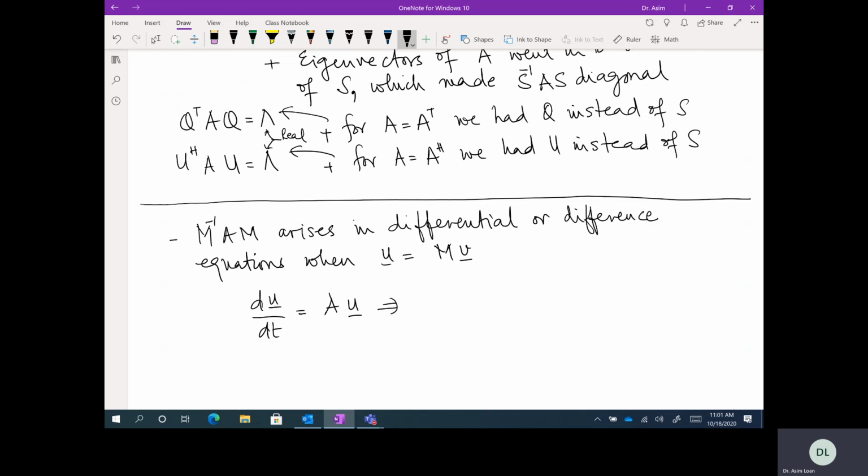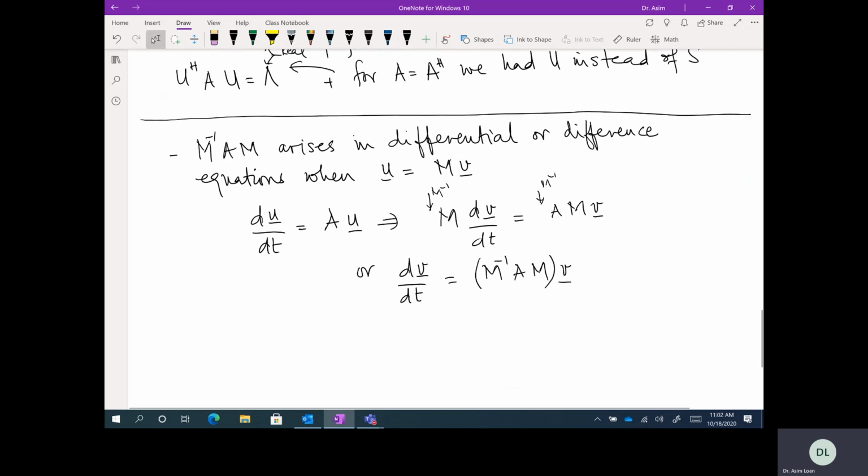This becomes M dV by dt equals AMV, or dV by dt, since M inverse exists, I multiply M inverse on both sides. So I get this is equal to M inverse AMV.